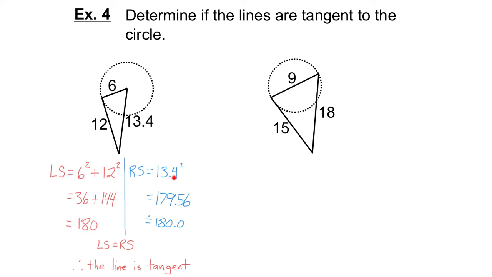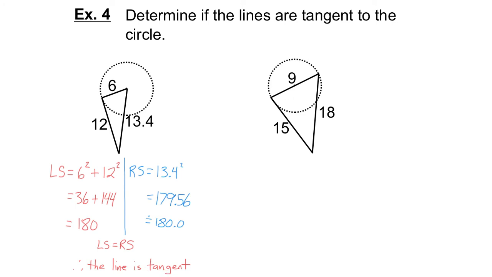The right side, 13.4 squared, is really close to 180. In fact, because of imprecision in measurements, this is so close that we're just going to say they're the same. Okay, so left side equals right side of the equation.